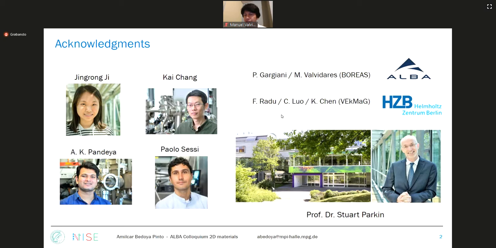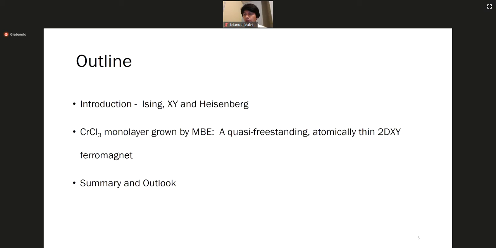So let me start outlining the talk. So in the introduction, of course, since it deals with low dimensional magnetism, I will give an introduction of these XY type magnets in a general framework, also comparing with other types of Ising and Heisenberg magnets.